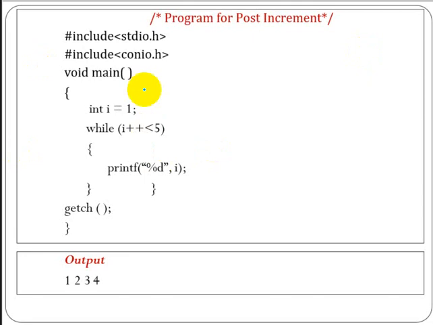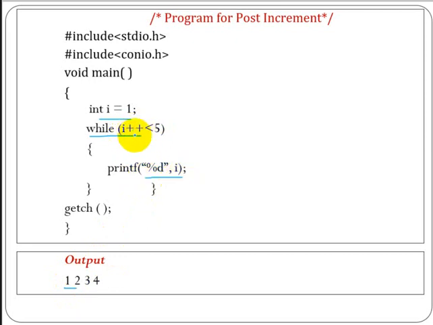You can see in this example, one of the programs is given here. Say i is initially 1, and we are using a while loop so that it continues repeatedly. First the i value will be 1, so it will check 1 with 5, because it is a post-incrementation. So we will get output as 1 first when you are trying to print the statement.